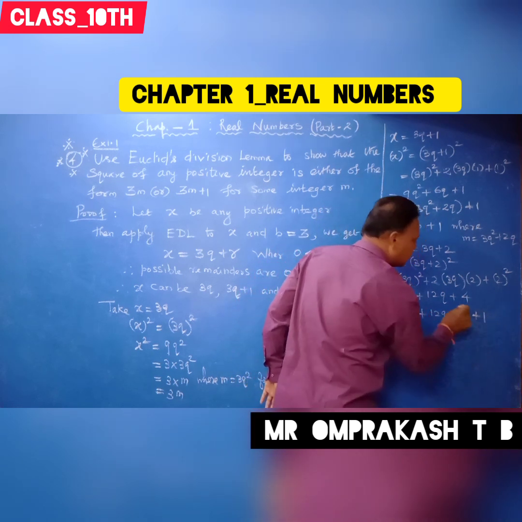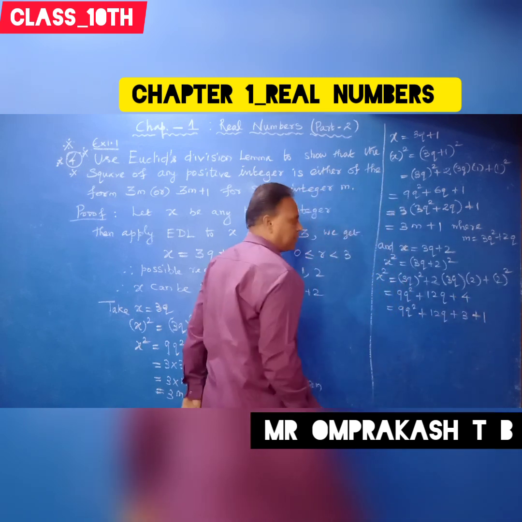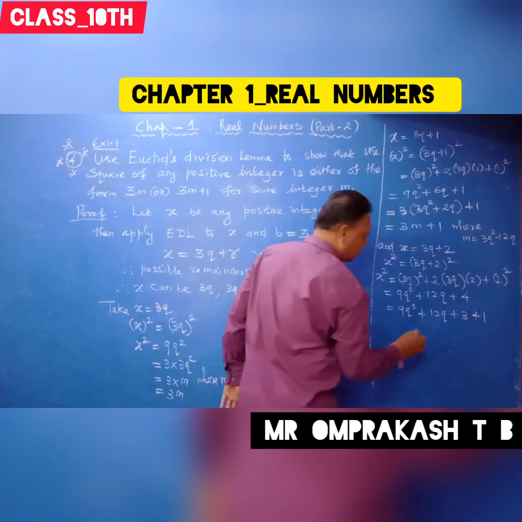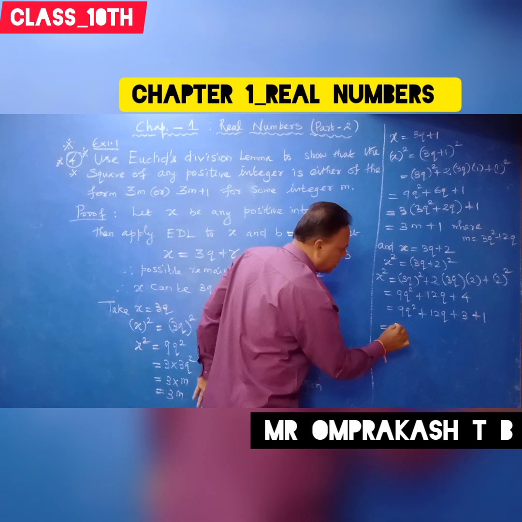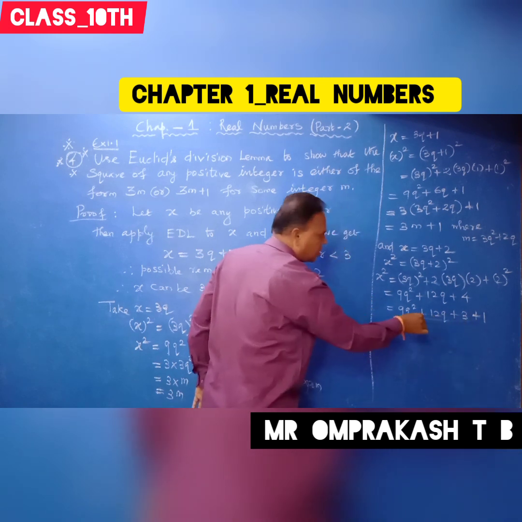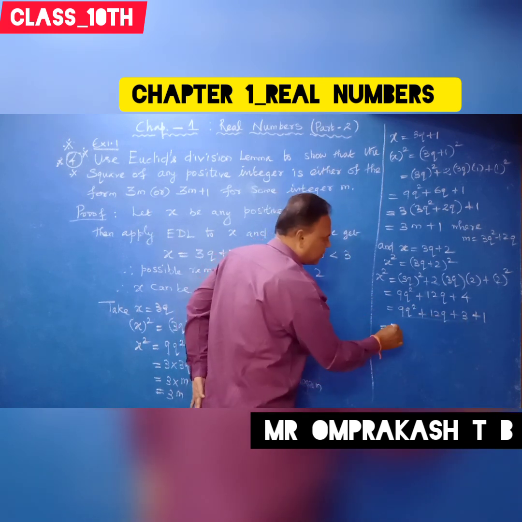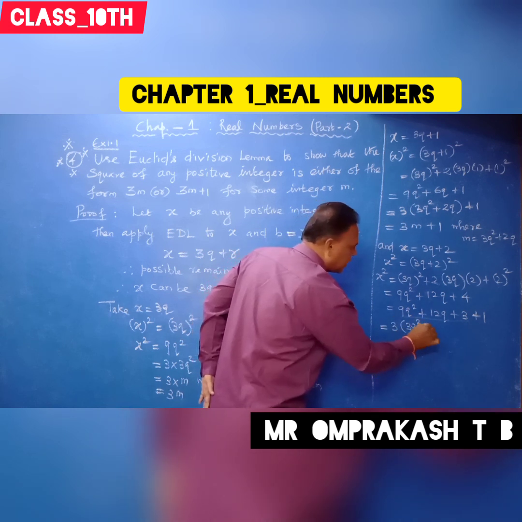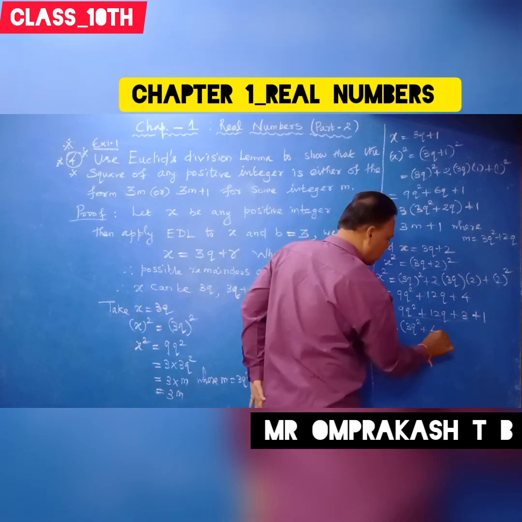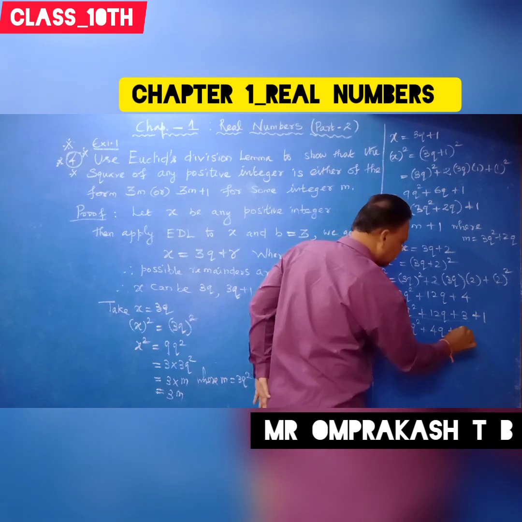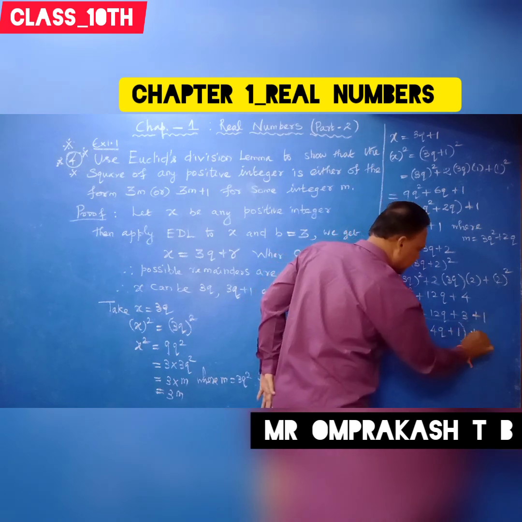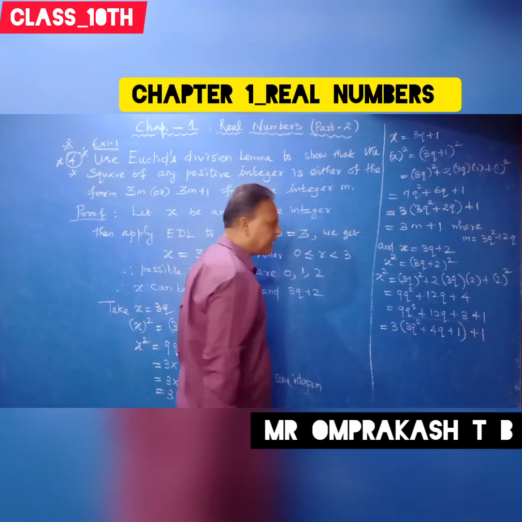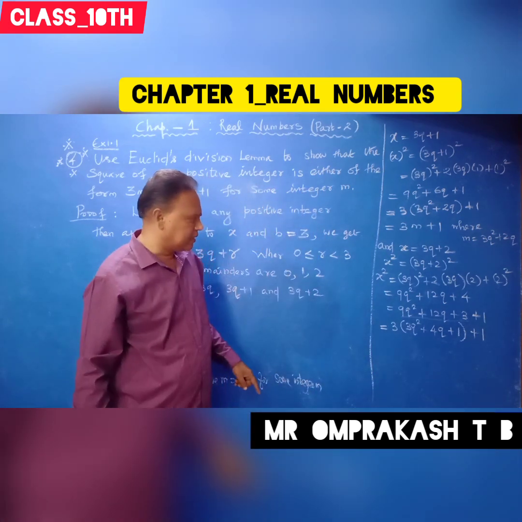This step is very important. You have to split this 4 into 3 plus 1. Now you see these three terms, 3 is common. So take 3 alone common: 3q squared plus 4q plus 1. Again plus 1 is already there.